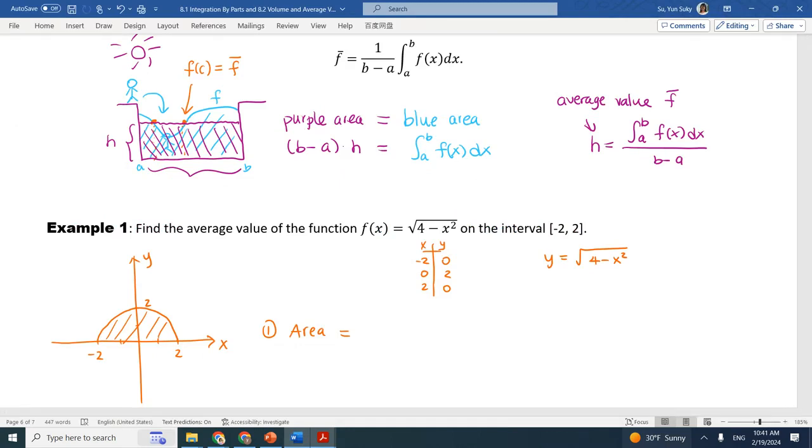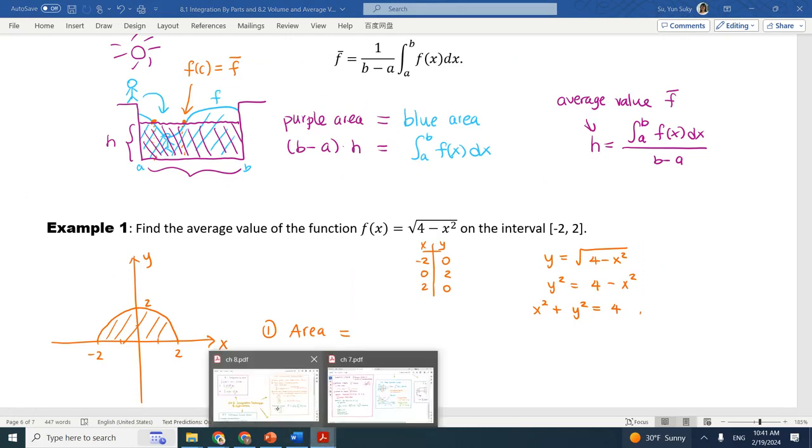If we want to change it to the standard form of a circle, we square both sides. We get y squared is 4 minus x squared. And then we move the x squared to the left. We get x squared plus y squared equals 4. This is the standard form of the circle.